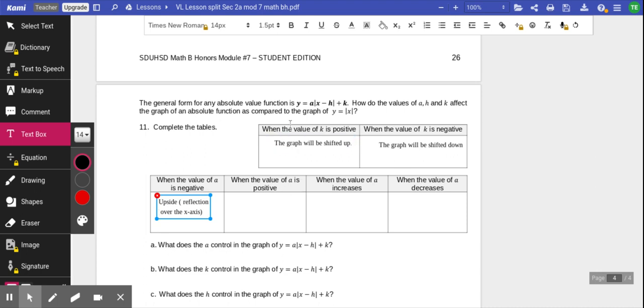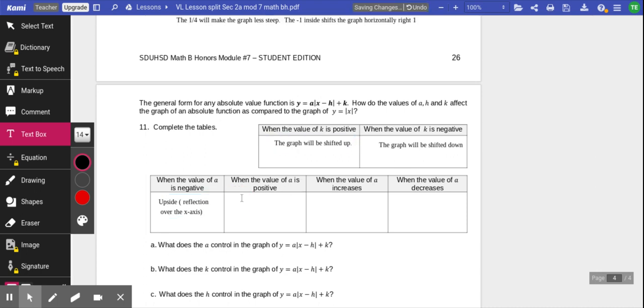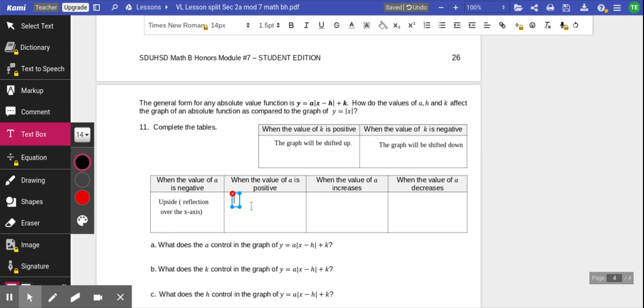When the value of A is positive, it'll be right side up, right side of V. When A increases, this is the slope, so when it increases, we get it to be steeper. When it decreases, it is less steep.